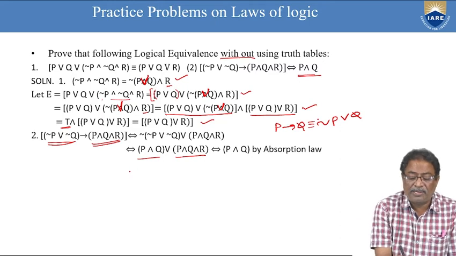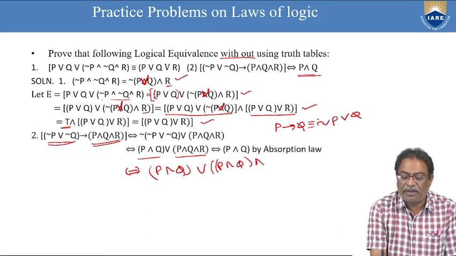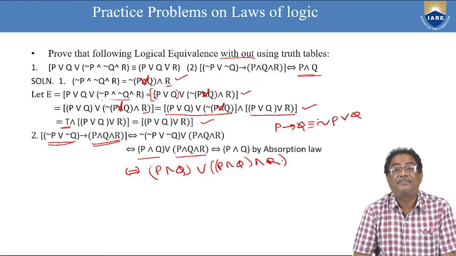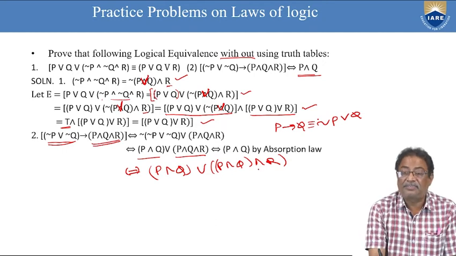Now I am going to write this as P and Q, or P and Q and R. I am going to rewrite it like this. Then which is of the form of the absorption law?